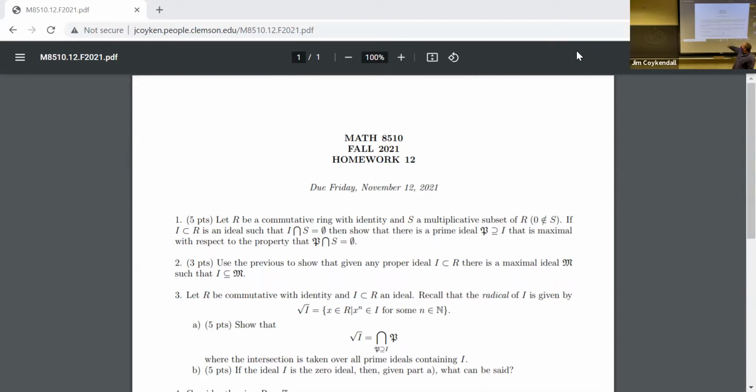One of the containments is really easy. The other one is a little bit tougher. Number 5, application: tell me what this says in the special case that I is 0.